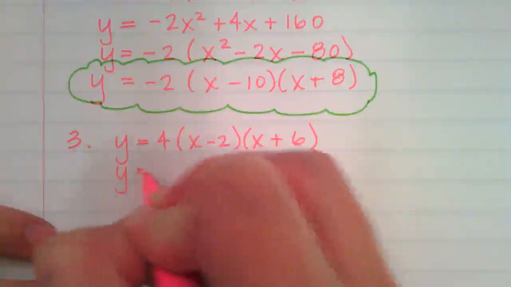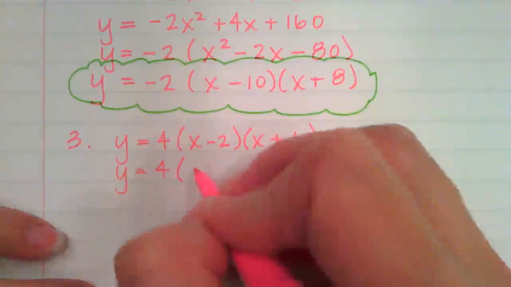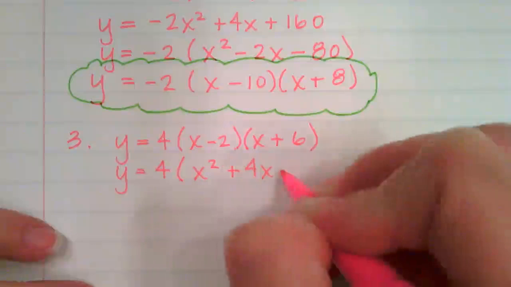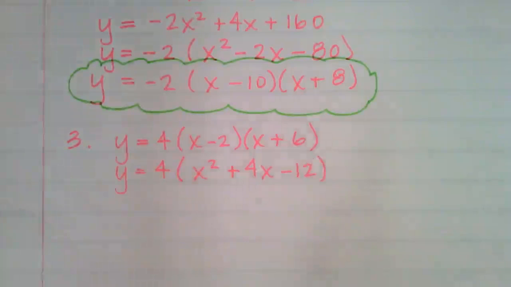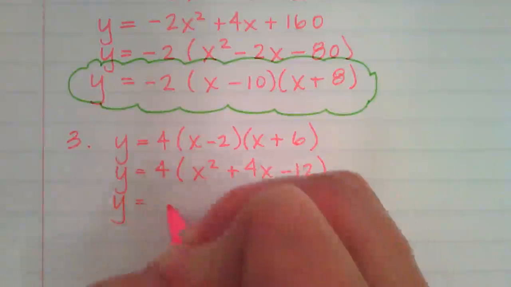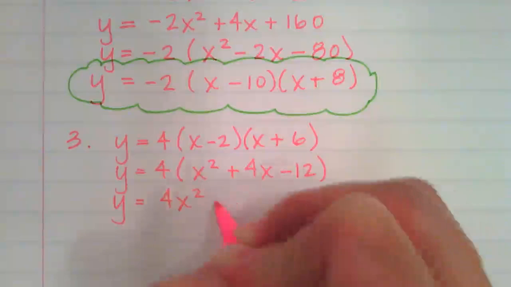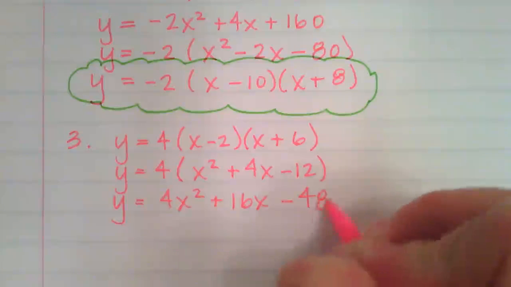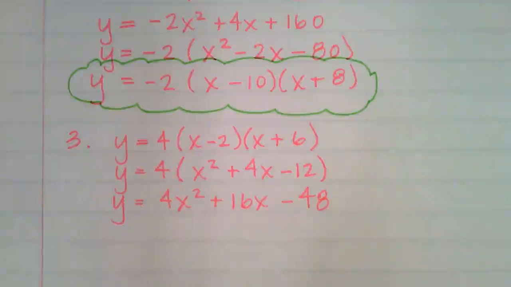So if I multiply the binomials together, I'm going to get x squared plus 4x minus 12. And then I need to distribute the 4, so that would be 4x squared plus 16x minus 48. So now I have standard form.